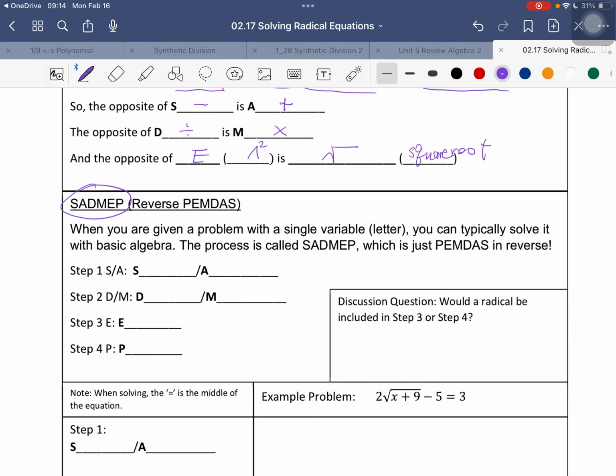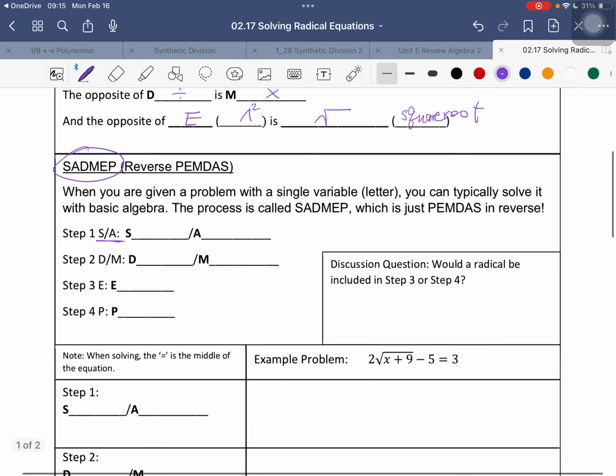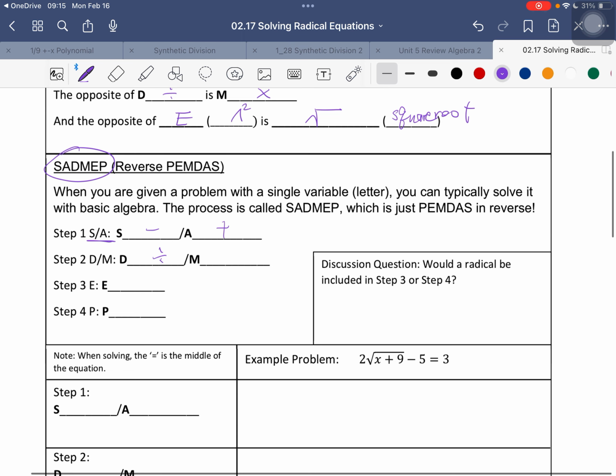Step 1. If you see subtraction, addition, or the backyard, always remove using the opposite operation. Subtraction or addition, they are opposite. And then step 2, you will see division and multiplication, they are opposite operations. Then exponent, you'll see probably square and use square root.